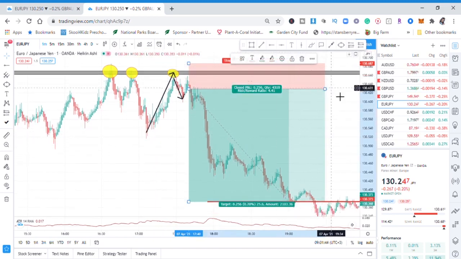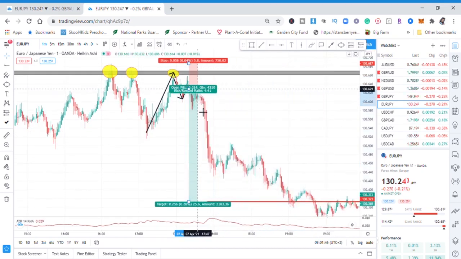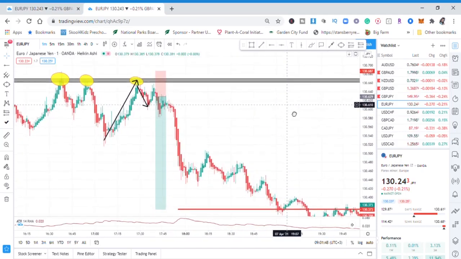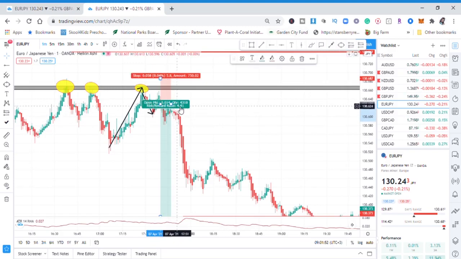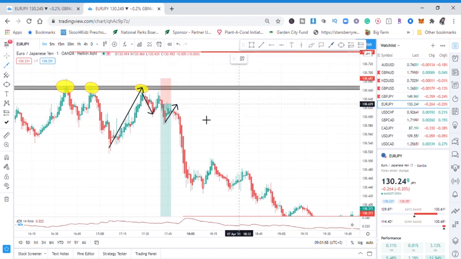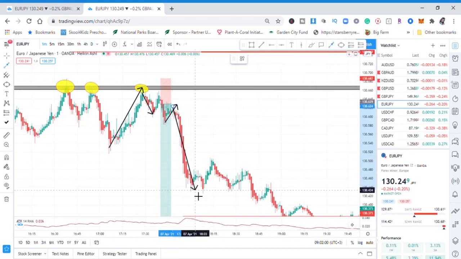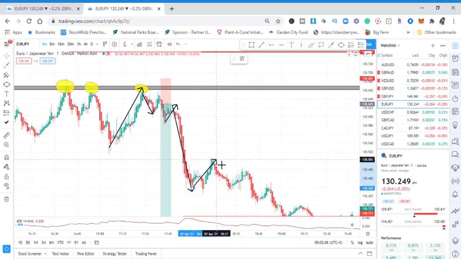If we can see for sure, if we can first bring that down, you can see buyers continued to be weak in this market. So the buyer tried to push the market, but what did the seller do? The sellers continued creating low lows. And when the sellers are creating low lows, it means that the buyers have been defeated.